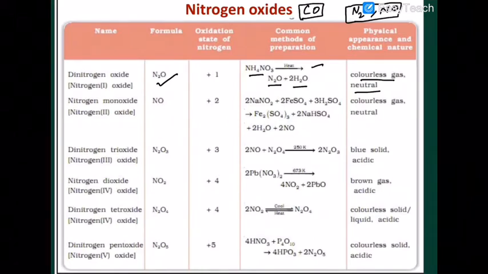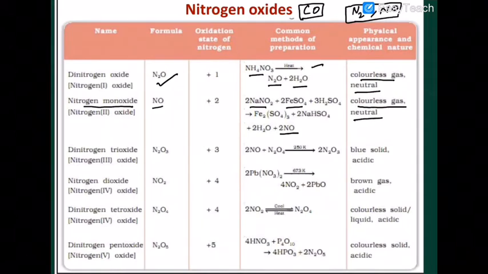Now nitric oxide, popularly known as nitrogen monoxide, is obtained when you treat sodium nitrite with ferrous sulfate in acidic condition. So you got NO as the gas. It is an odd electron molecule, but it is neutral in nature.